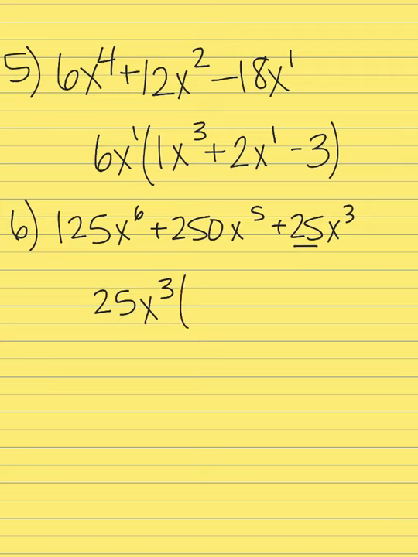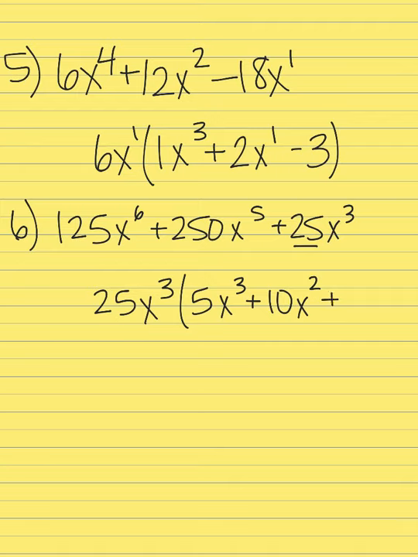So now we just have to think about 25 times what is 125. 25 times 5 gives me 125. x to the third times x to the third gives me x to the sixth. 25 times 10 would give me 250. x to the third times something equals x to the fifth, so we need x squared.